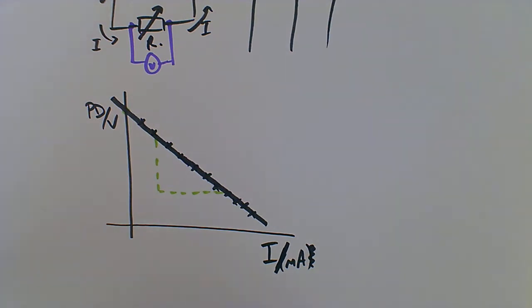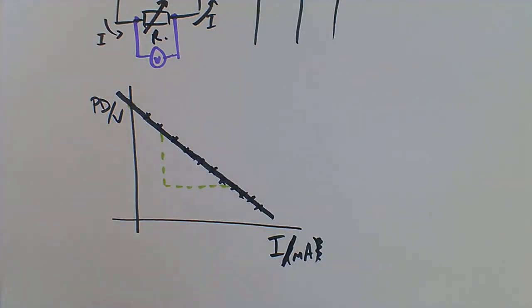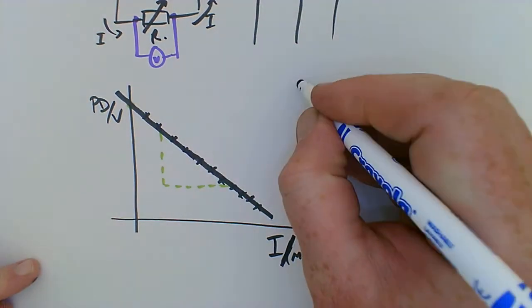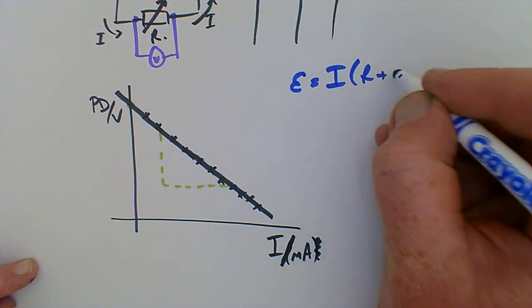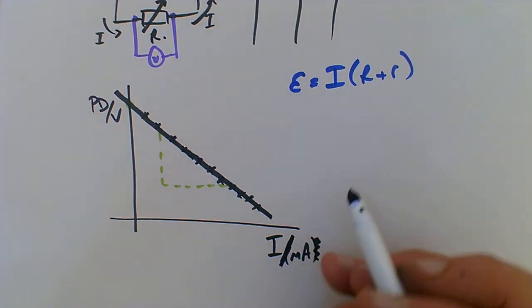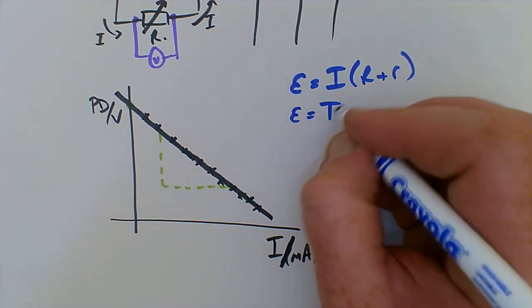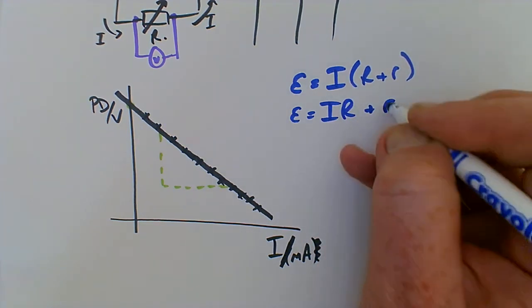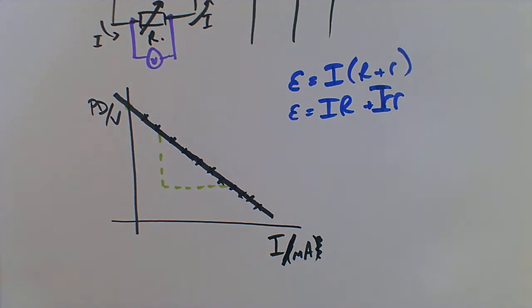Right, so to get our internal resistance, which is ultimately what we're going to try and find out from this power supply, I'm going to change colour. Right, epsilon equals I(R + r). That's what we just worked out in the last section. I'm going to expand it back out: epsilon equals IR plus Ir.